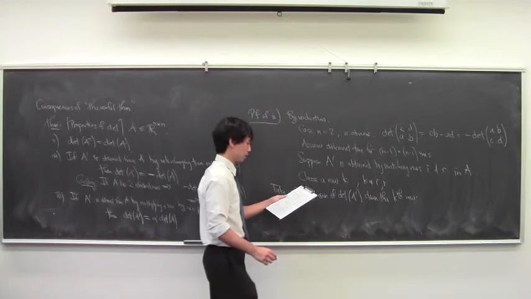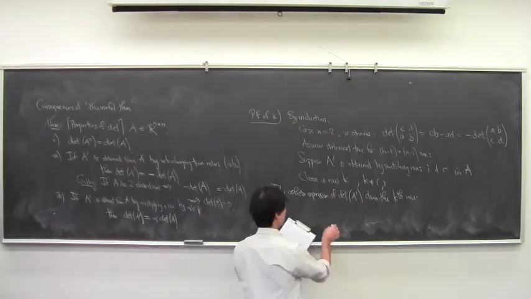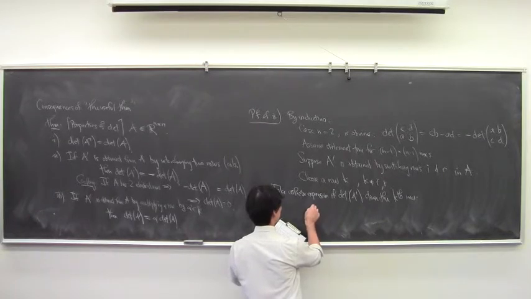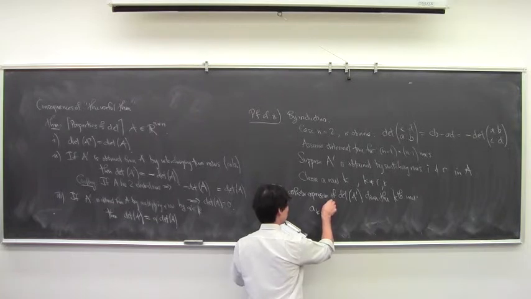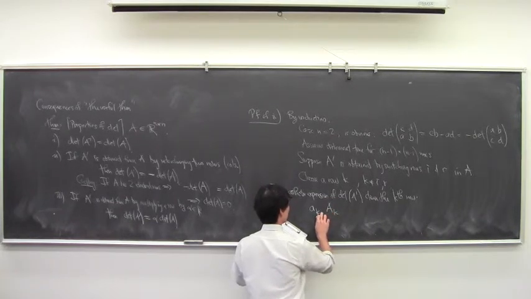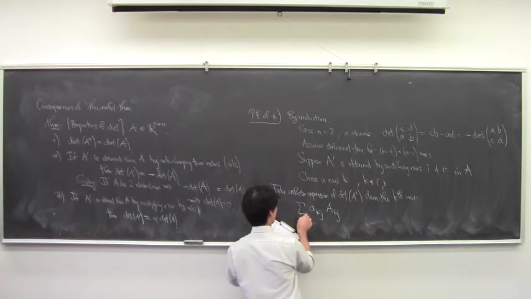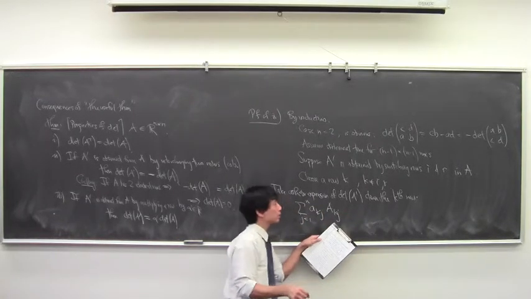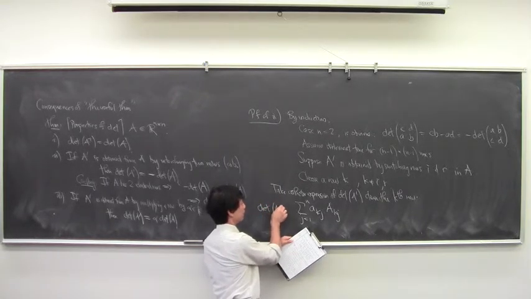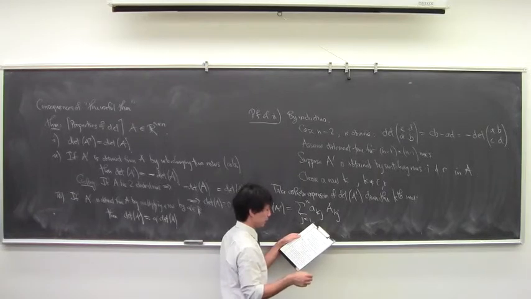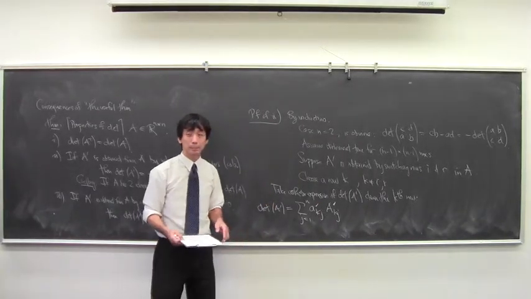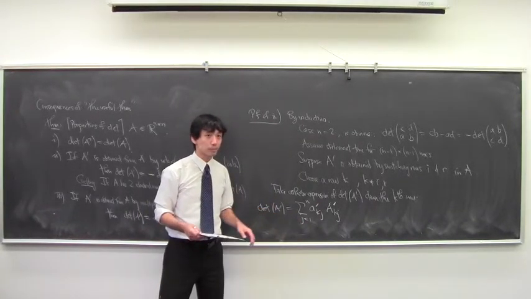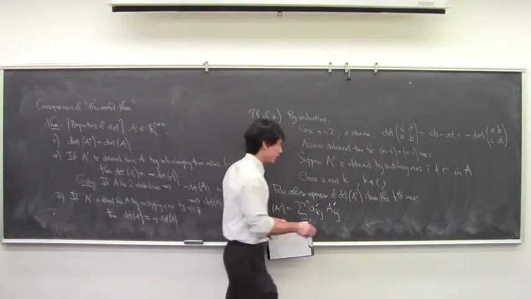What you get is the sum over j from 1 to n of AKJ prime times its cofactor.